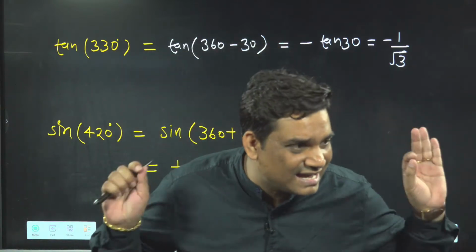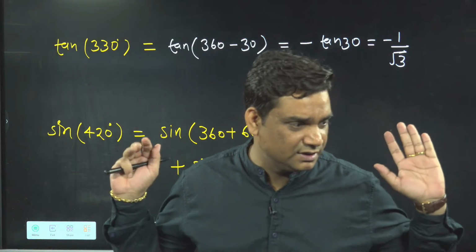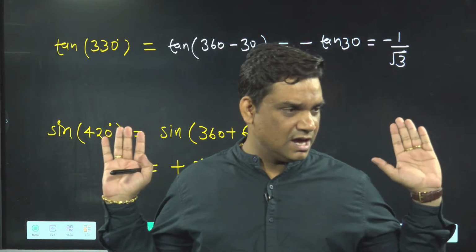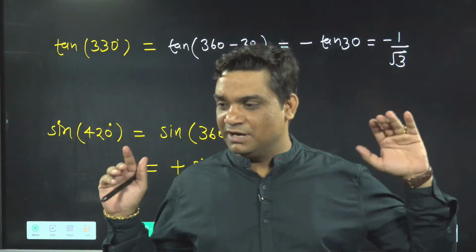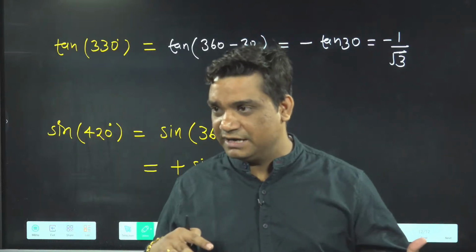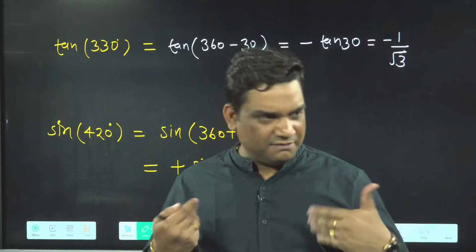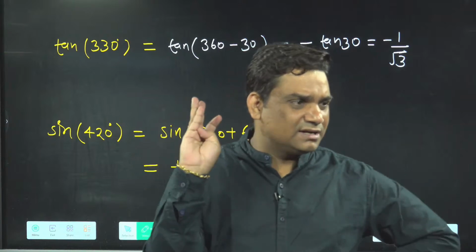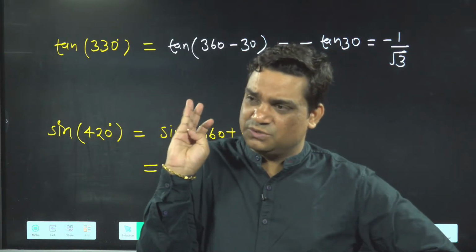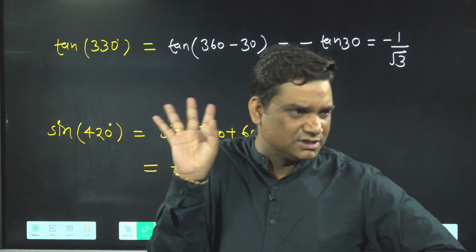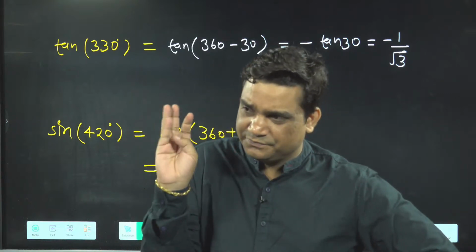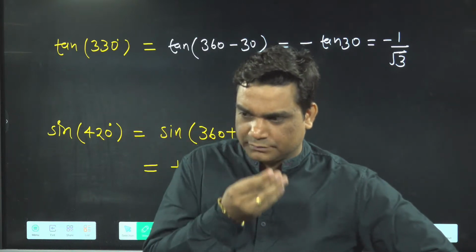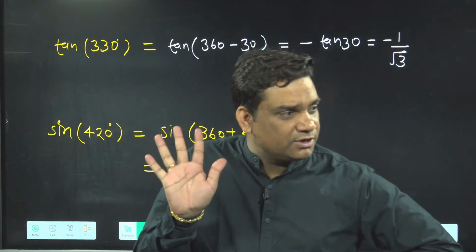So up to 0 to 360, if I give you any angle, can we do it? Other than some like 15 degree, 75 degree, which I will tell you later. But if I give you theta as 30, 45 and 60, because these will be used by us, can we do it? Do you know sine 37 also?